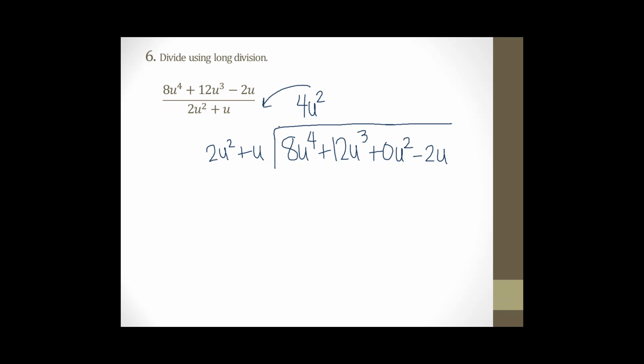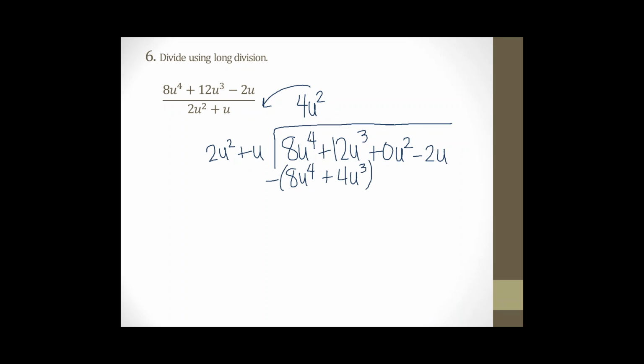So 4u squared times 2u squared is 8u to the 4th, which is our goal. We want to get the same term. And then 4u squared times u is 4u cubed. And so now we want to subtract.